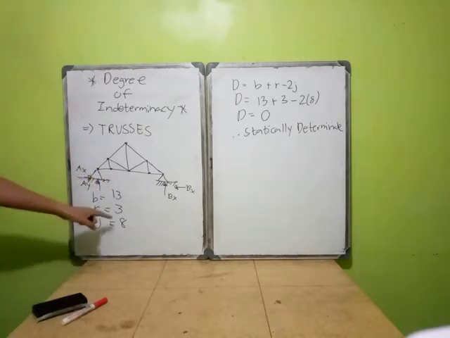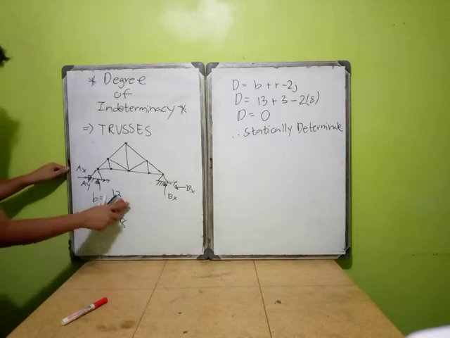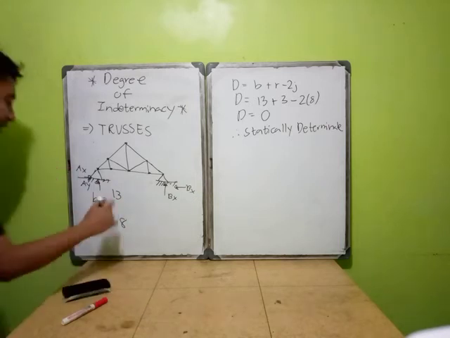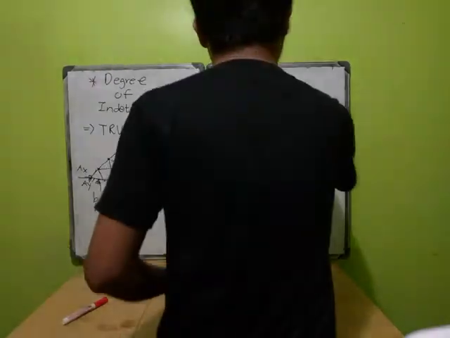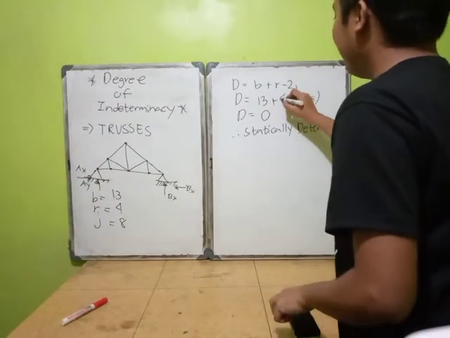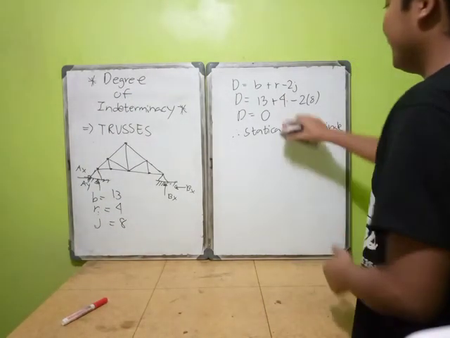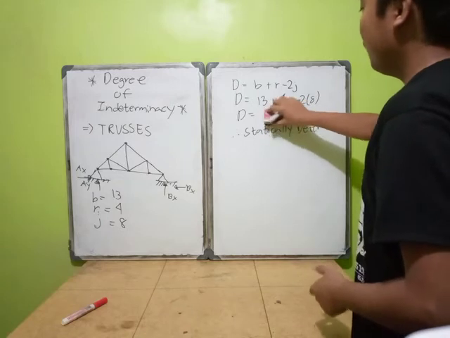So, ibig sabihin, yung R dito magiging 4. So, pag naging both pinned, nagiging may degree of indeterminacy na siya na 1.